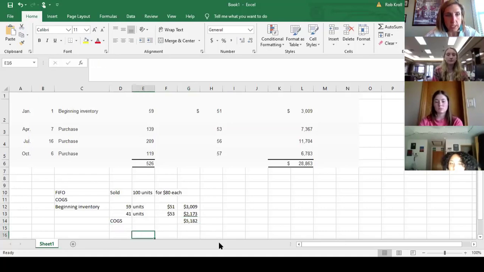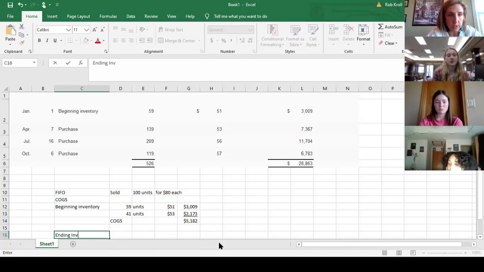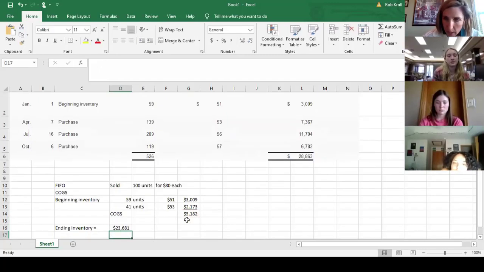So here's what your ending inventory should equal: this number minus this cost of goods sold that we calculated.